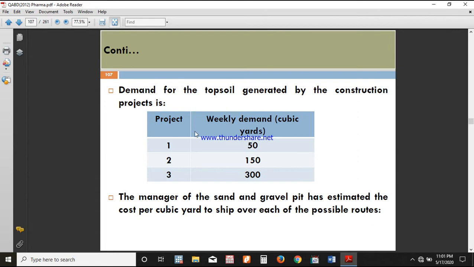The 3 projects require this much sand and gravel from the previously stated farms: project 1 with a weekly demand of 50 tons, project 2 with 150, and project 3 with 300.